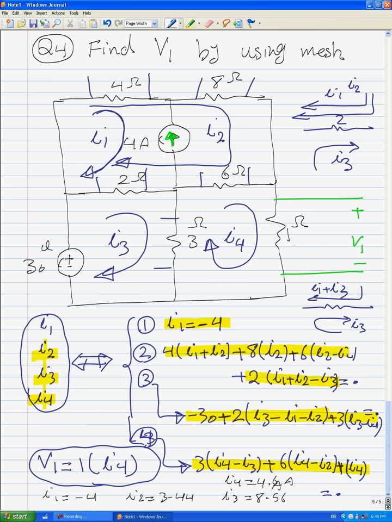And immediately you can find V1. V1 is equal to 1 times I4. That's why V1 is equal to 4.6 volts. This is the final answer for V1.